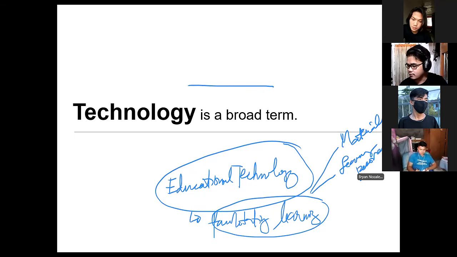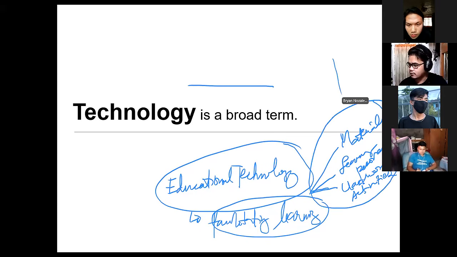What else? Well, we have classroom activities. Okay? Classroom activities. These things, guys, are collected as one to form what we call learning experiences.